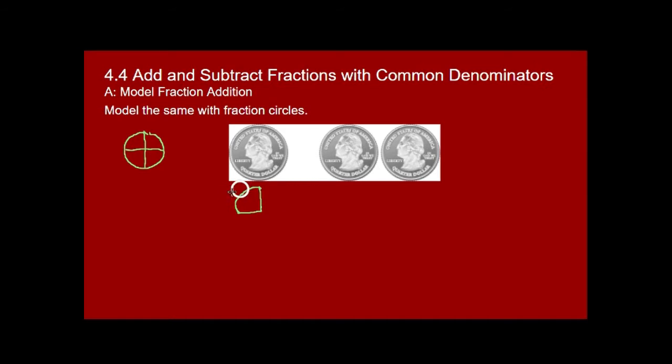Okay, so 1/4 plus 2/4, and we know that 2/4 would look like this. Okay, and you could do any of the 2/4. Okay, and then if we want to add these together, so we get 1/4 plus 2/4, and then we put those together and we get, let's see if I can do this, it's kind of Pac-Man-ish.